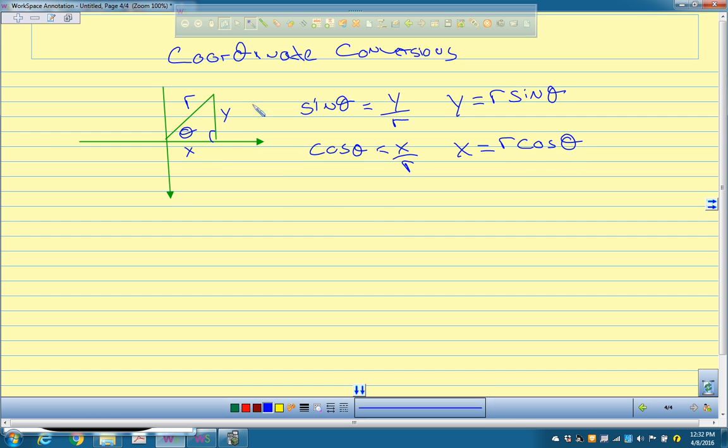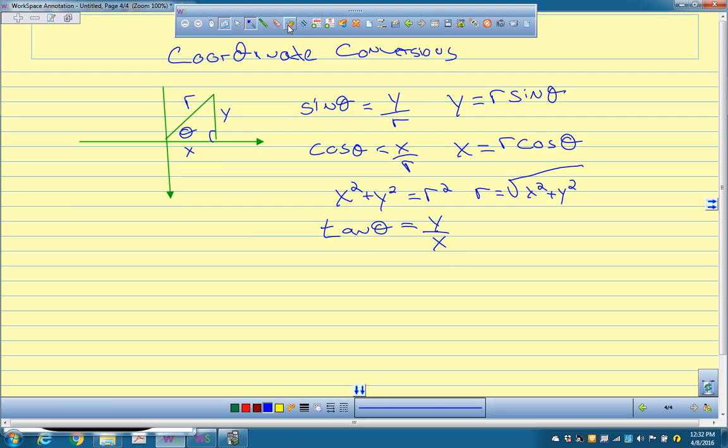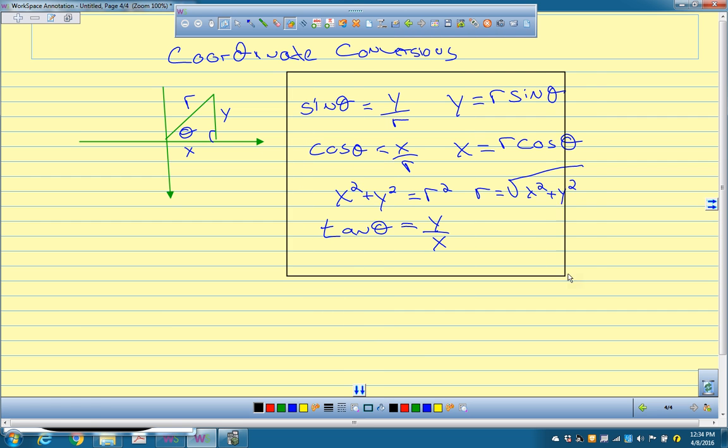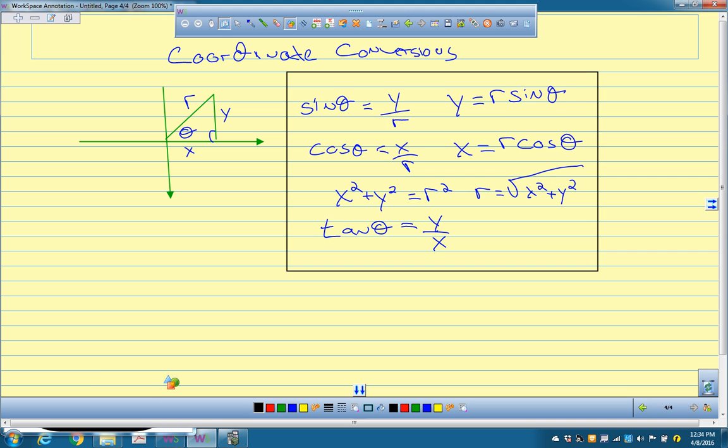We also know by the Pythagorean theorem that x squared plus y squared equals r squared, or r is equal to the square root of x squared plus y squared, because you don't have to worry about the negative part of that. And tangent of theta is equal to y over x. These are things that you should know to convert.